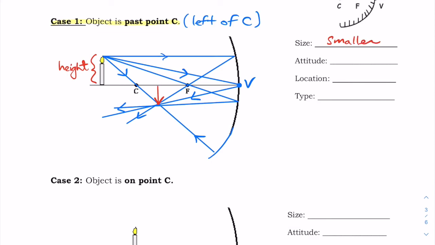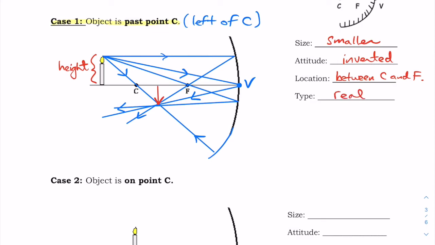Notice that the arrow is inverted. As for the location, notice that it's between C and F. And this type of image will be a real image.